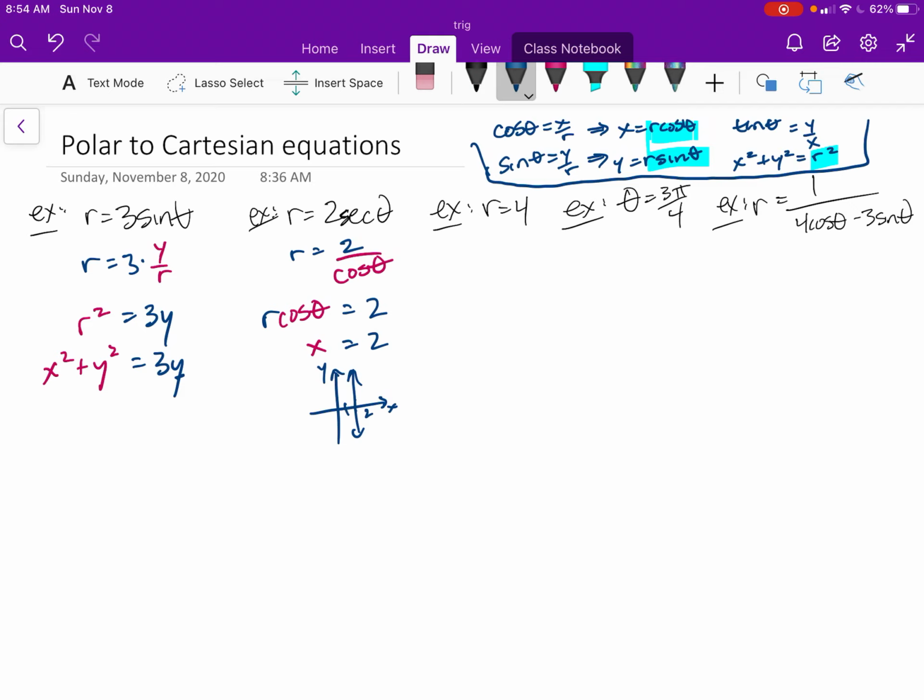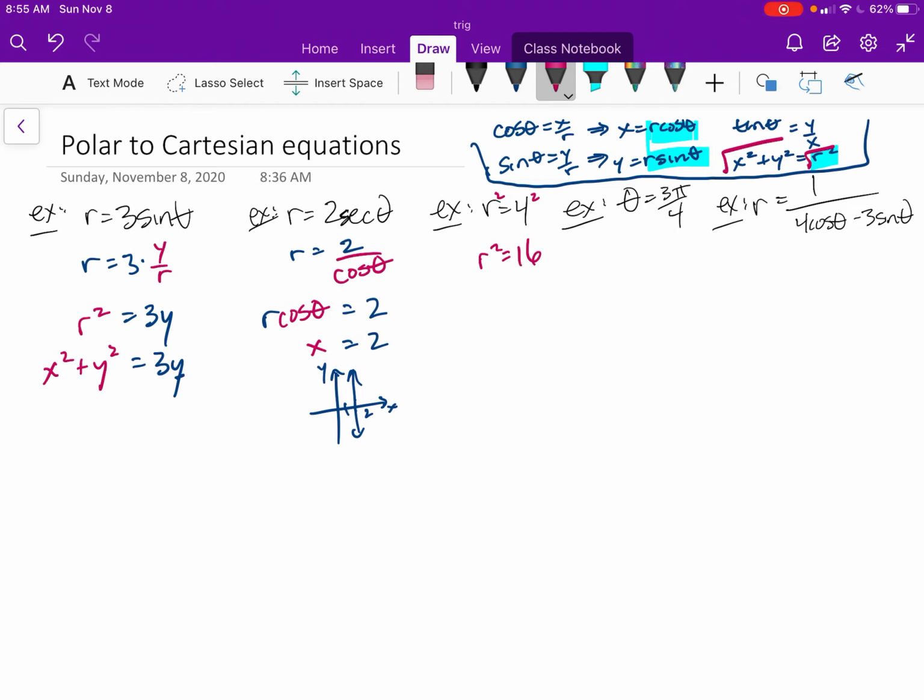Okay, r equals 4. Again, we could do the square root and then see what r is. Remember, you have plus or minus, but here's what is more common. Whatever we do to one side of the equation, we can do to the other. So if I square both sides, r squared equals 16 is equivalent to saying r equals 4.